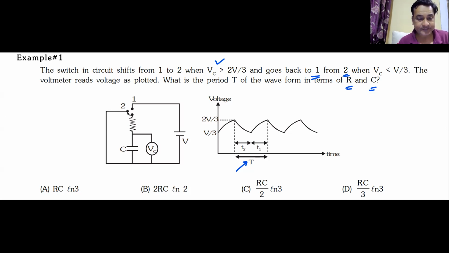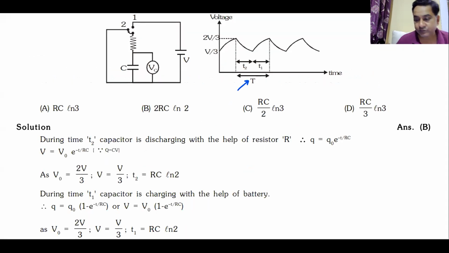Can you tell me that? In the time T2, the switch has been shifted from 1 to 2 and therefore the capacitor is getting discharged. Yes or no?